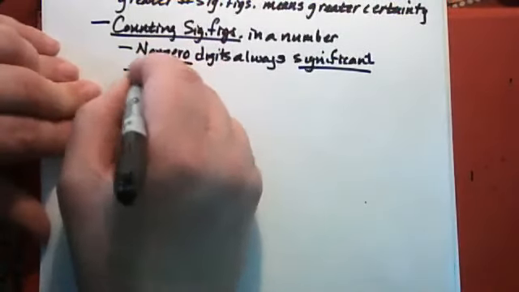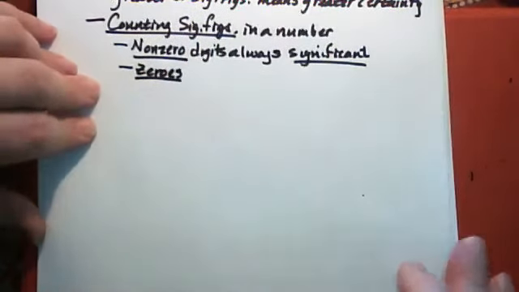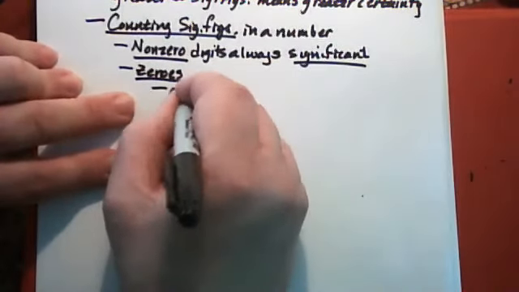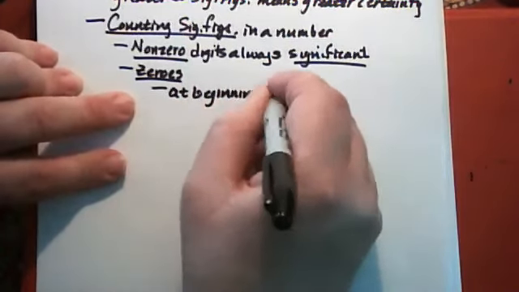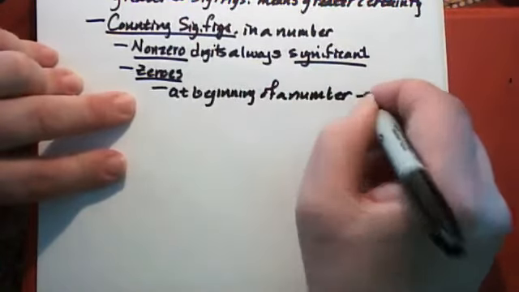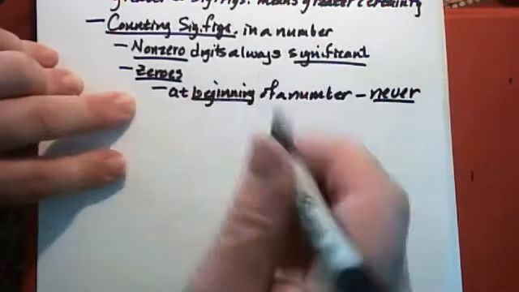The zeros are the troublemakers, because some zeros are significant and some are not. So zeros at the beginning of a number are never significant.